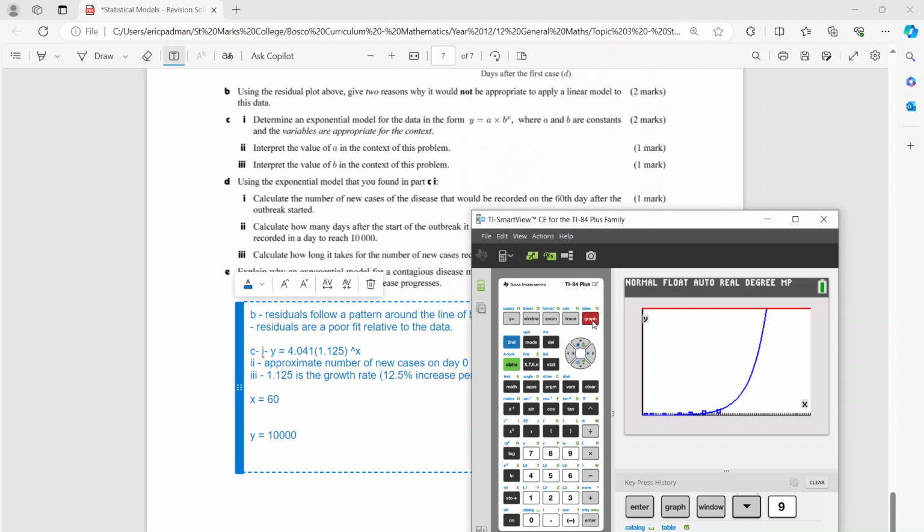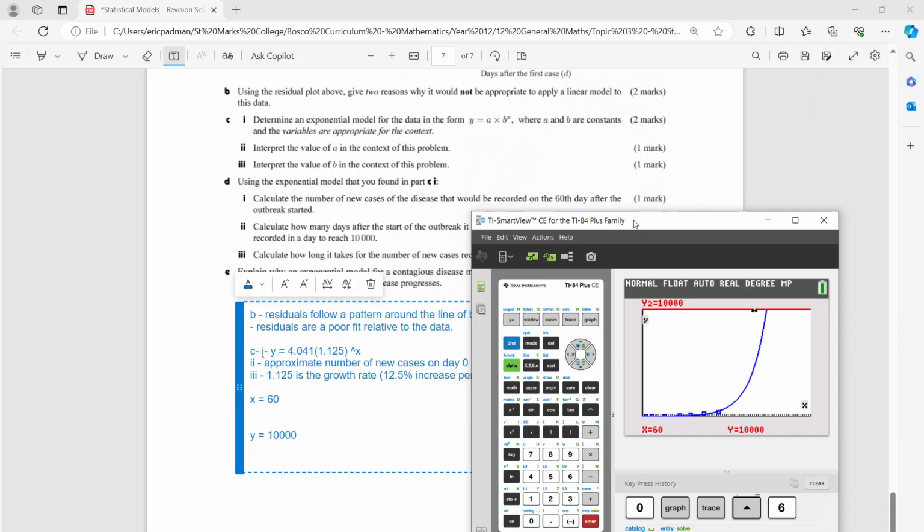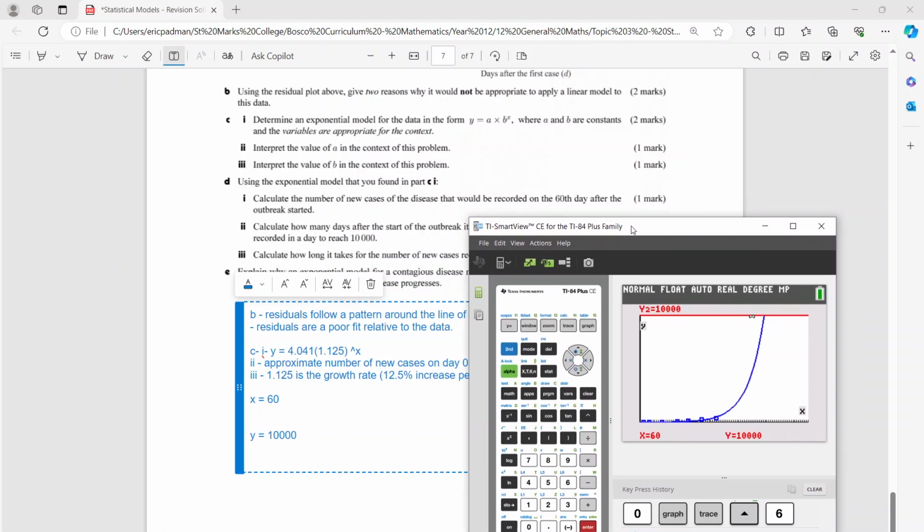But we can do trace, and we'll do a trace at 60. I didn't take my data points off, so you have to tab over to those. 60 is 10,000? No, it's not.